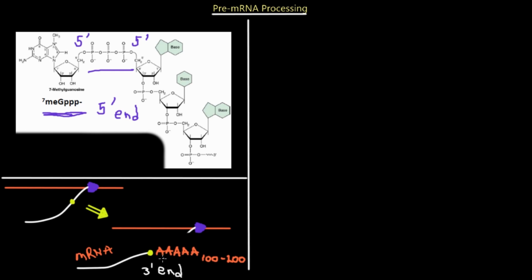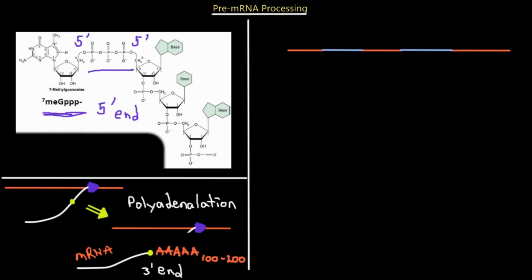The 3' end will be processed with a poly A. This is polyadenylation, which is going to attach maybe 100 to 200 adenine bases, again to prevent exonuclease activity of the nucleases that float in our cytoplasm.